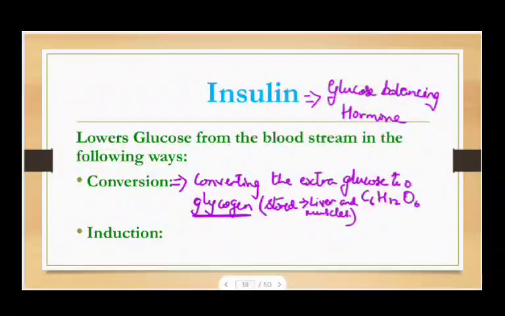Understanding one function of how insulin helps: if there's extra glucose, it converts it. So when this hormone is released, it checks the glucose level in the blood, pulls out the extra glucose, converts it, and then stores it in the liver and the muscles.